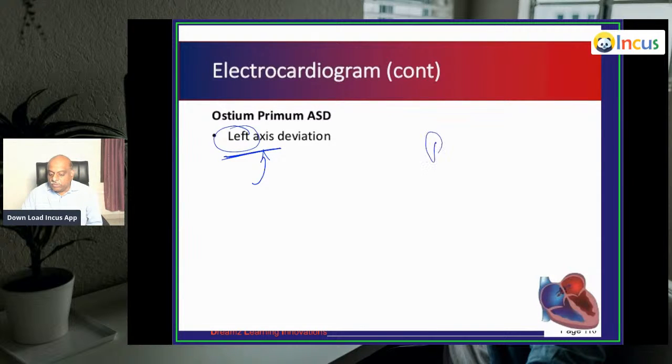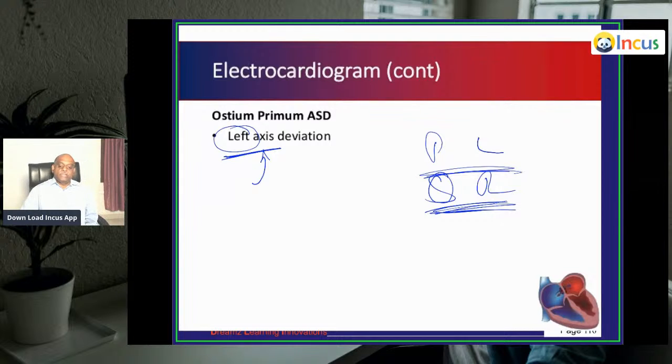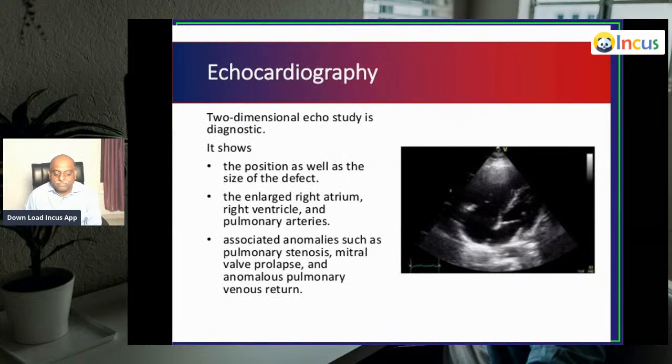So primum leads to left, ostium secundum leads to right axis. So this is what you need to remember. It is very easy to remember. LMNOP, QRS. So right leads to right in secundum, L, left in primum. So that's what you should remember.